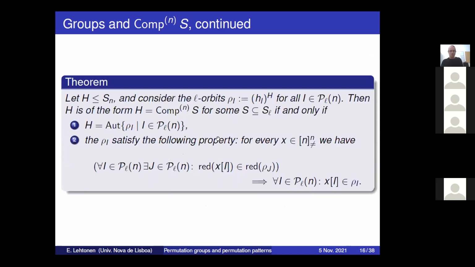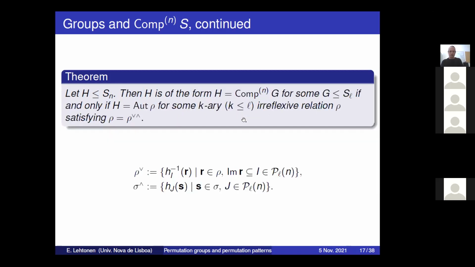And moreover, we had a result, firstly, for groups of the form Comp_N(S) for an arbitrary subset S of S_L. So a group is of this form if it can be presented as the automorphism group of some set of permutations that satisfy a certain condition. So the condition is a bit technical, I won't go into this. So this was for Comp_N(S) for an arbitrary subset S.